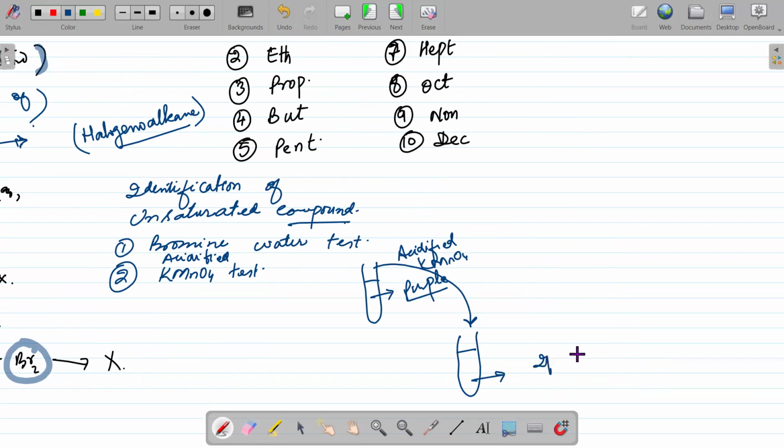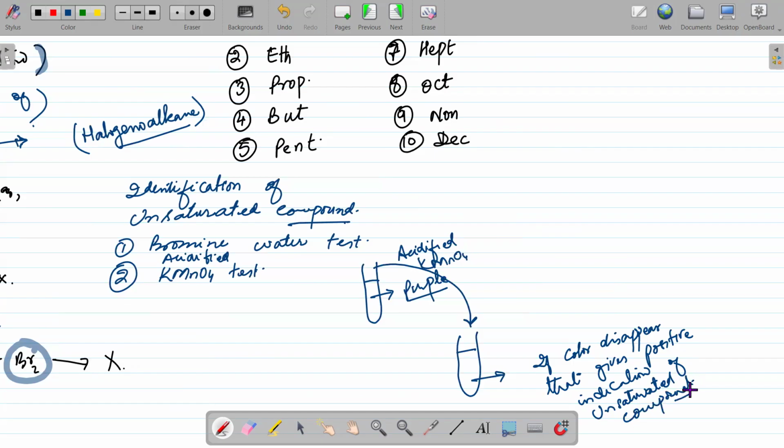If the color disappears, that gives a positive indication of an unsaturated compound. Is it clear?